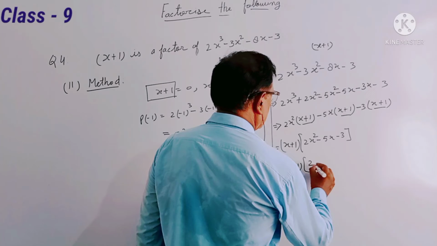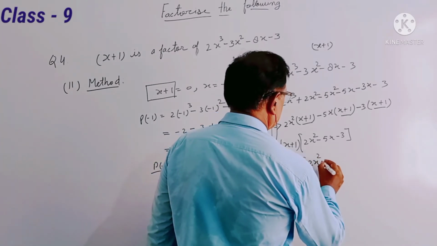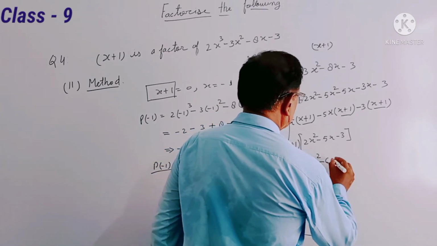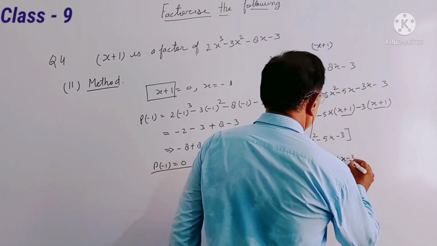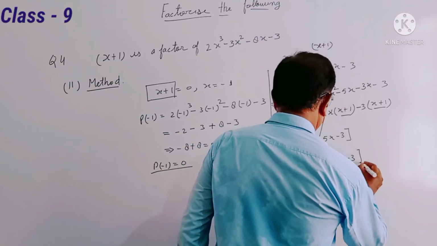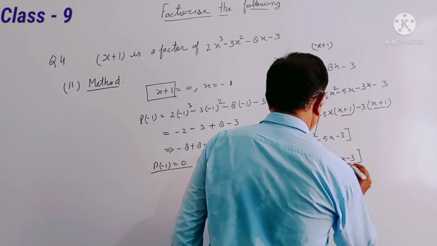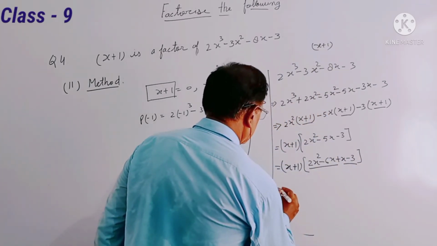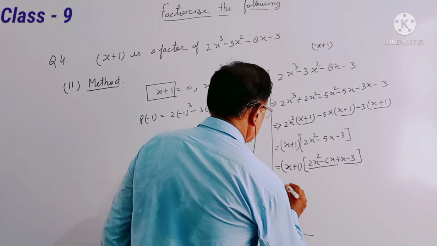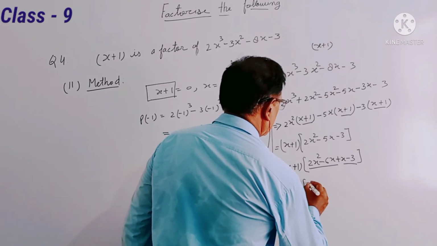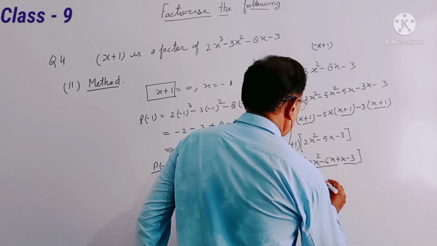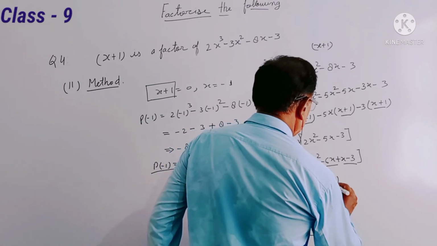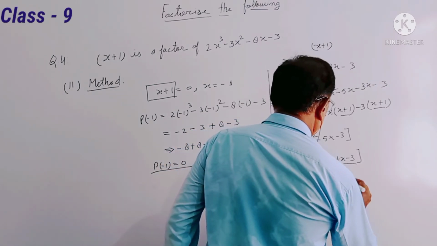Now here we write 2x square minus 6x plus x minus 3. And then we take the common here and find the factors. X plus 1. Now here 2x is common, then x minus 3, as here 1 is common.